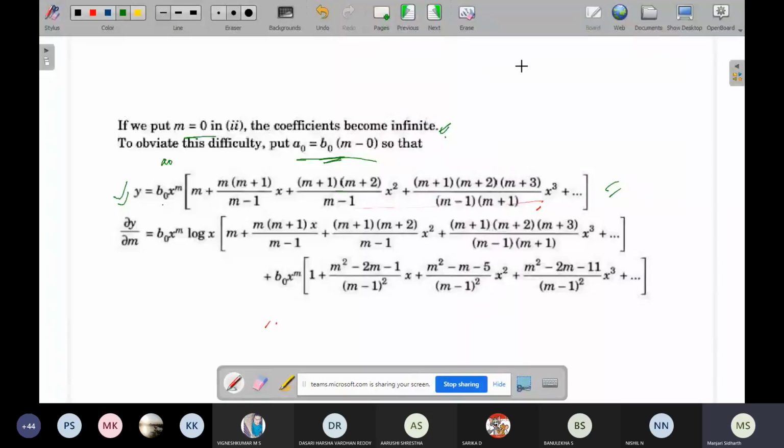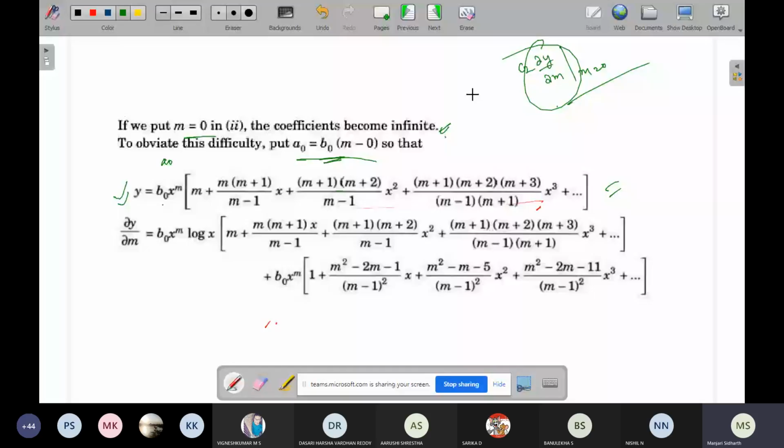Now the second solution is c₂ ∂y/∂m evaluated at 0, the partial derivative with respect to m. When doing the partial derivative with respect to m, you have to treat x as a constant. Partial differentiation means treating the other variable as constant.